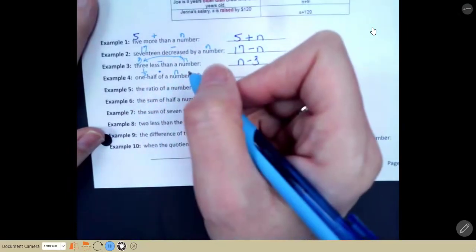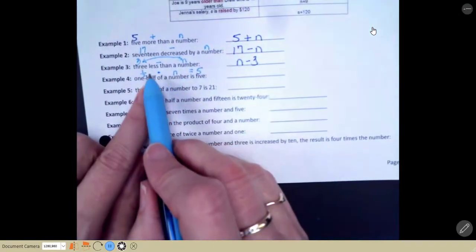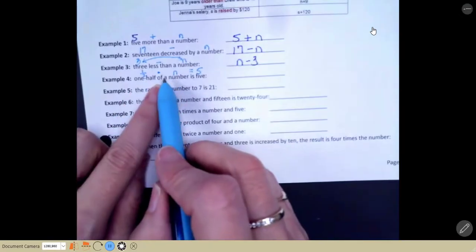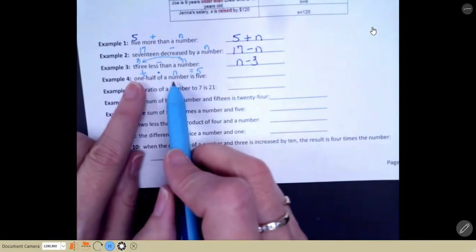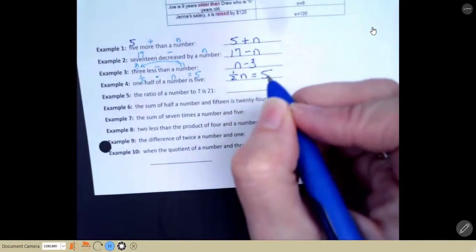"Of a certain number is" means equals and then 5. Now, because there's a variable here, I do not have to do a raised dot. I could just put my half and my n together. So this one would be 1/2 n equals 5.